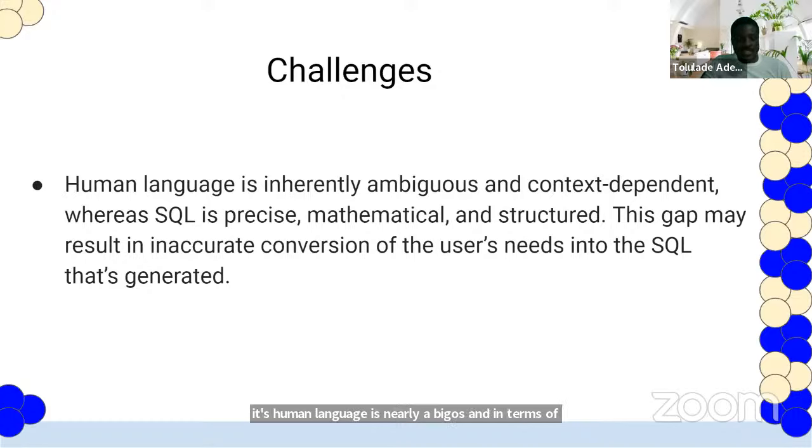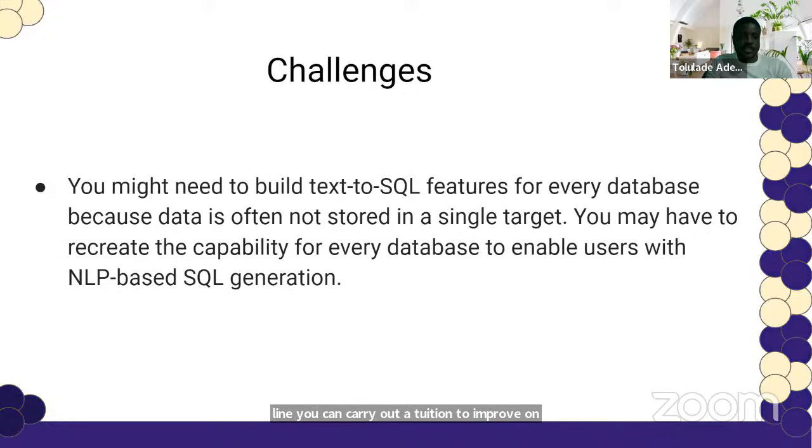Currently, right now, there's a bit of a gap in translating human language into SQL, a structured query language syntax, right? So you might find in your operations a bit of a gap. It's not an all perfect system, but along the line you can carry out iterations to improve the overall performance of the product, right?